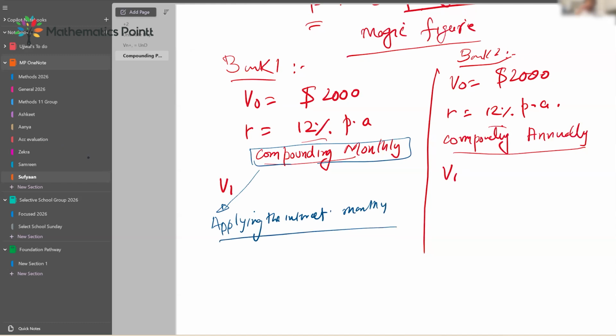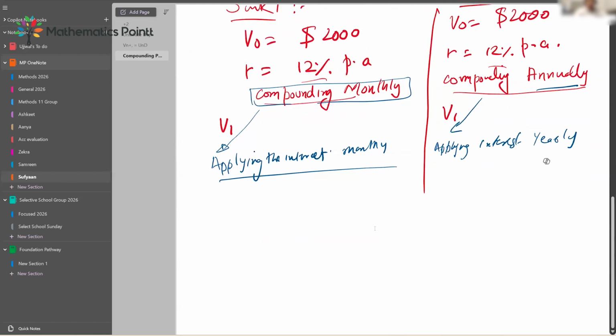So in the first scenario, the bank will apply the interest on a monthly basis. Whereas in the second case, compounding annually means applying interest annually, that means yearly. Now, let's see what difference it is making.